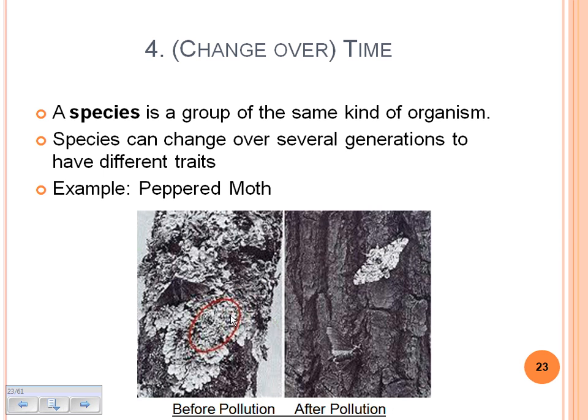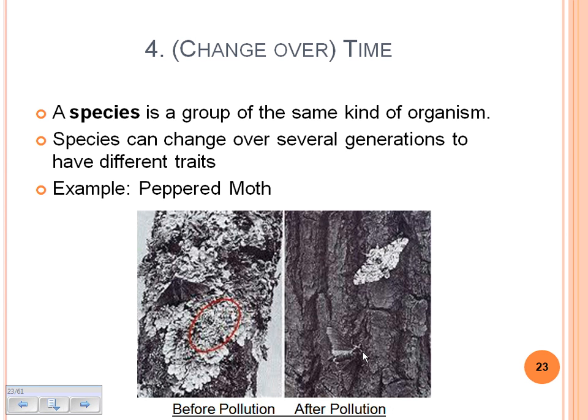Before pollution, this happened in the Industrial Revolution, the white moth blended in with the bark of the tree. And when the Industrial Revolution happened, a whole lot of pollutants in the air made the tree bark actually become darker. So the white moth stuck out, and the dark moth actually was able to survive. So you had a shift in population.